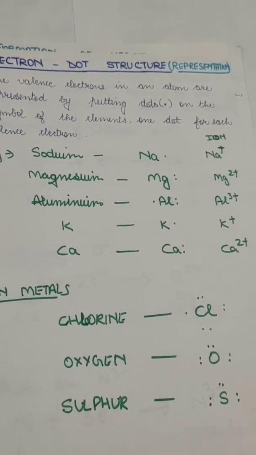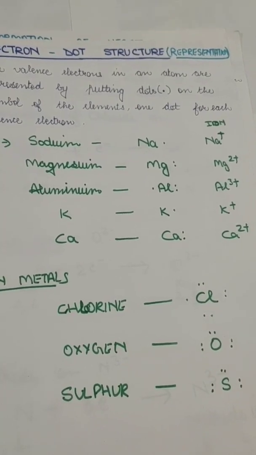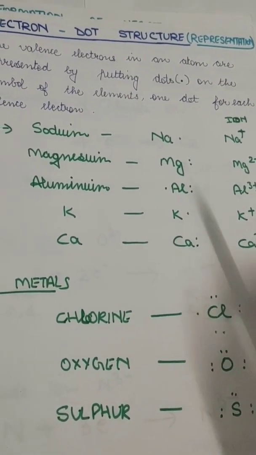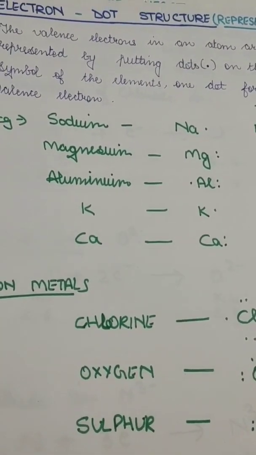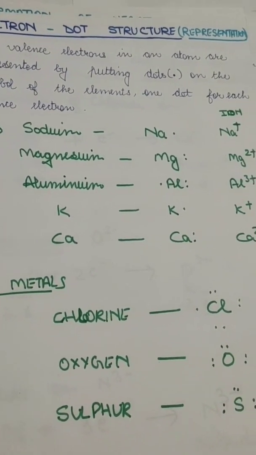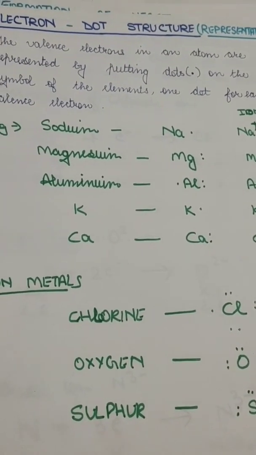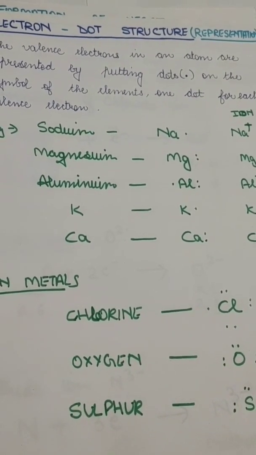So in the case of sodium, the electrons which are present in the outermost shell are represented by dots.